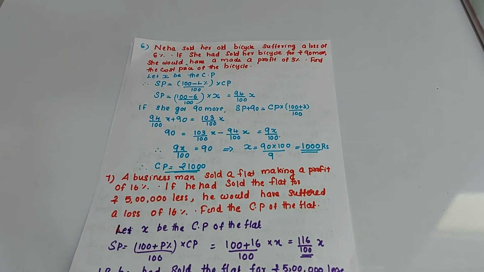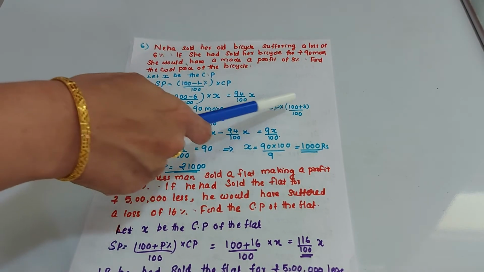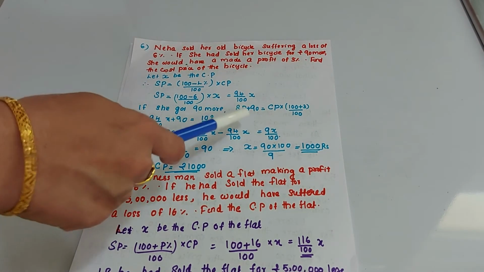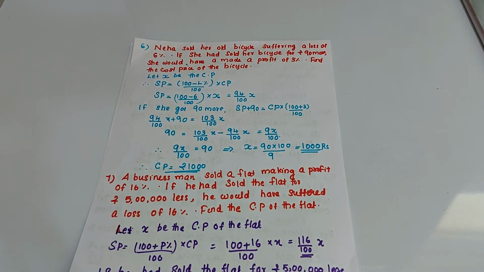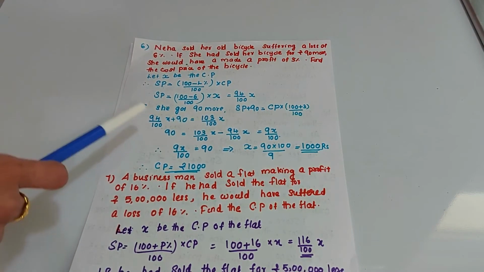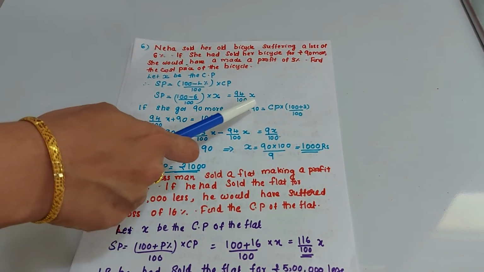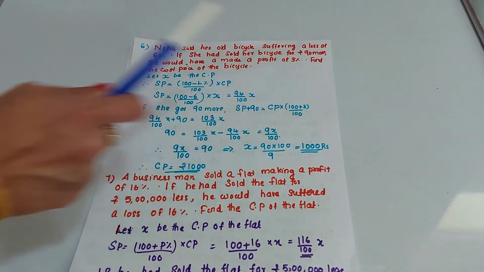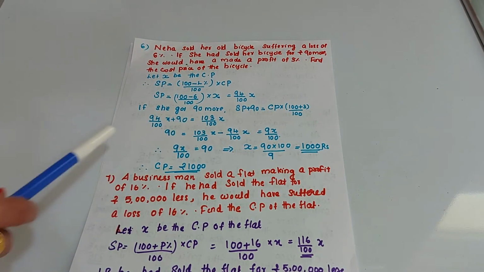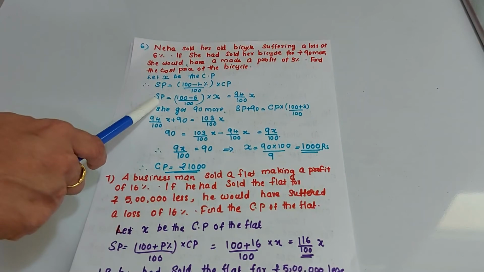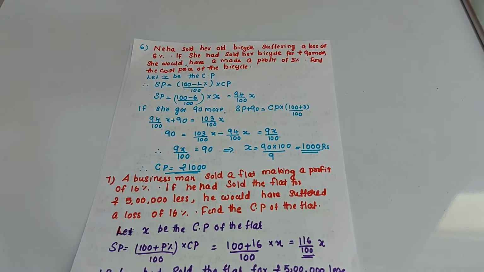The profit percentage is given as 3, so 100 plus 3 by 100. Now what about SP? SP is 94 by 100 into X.